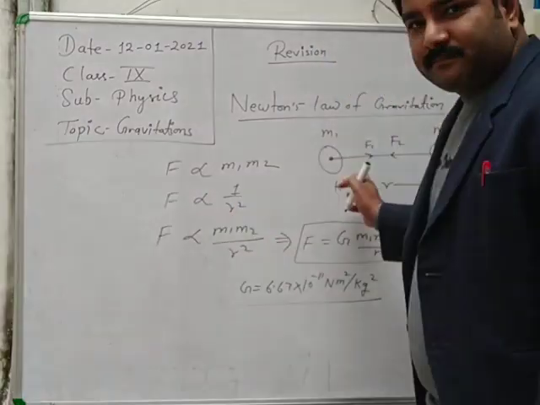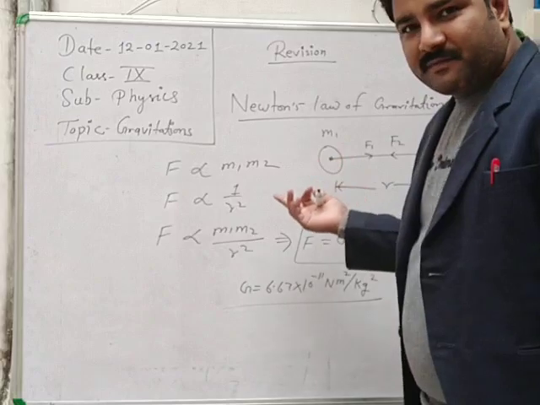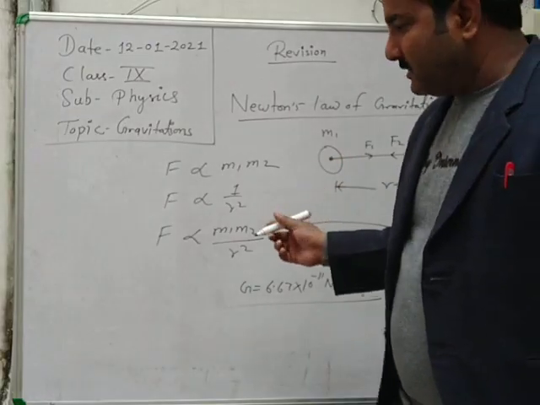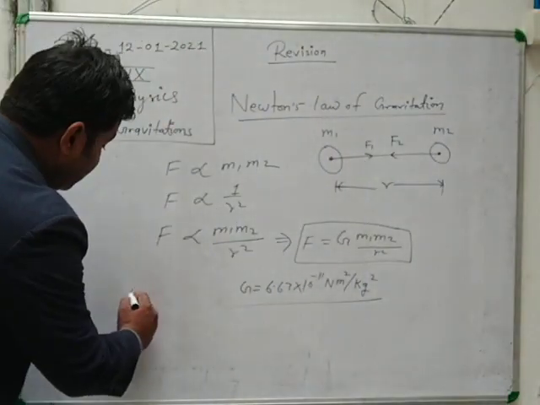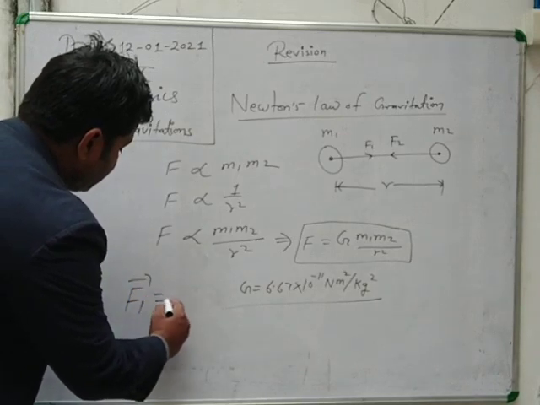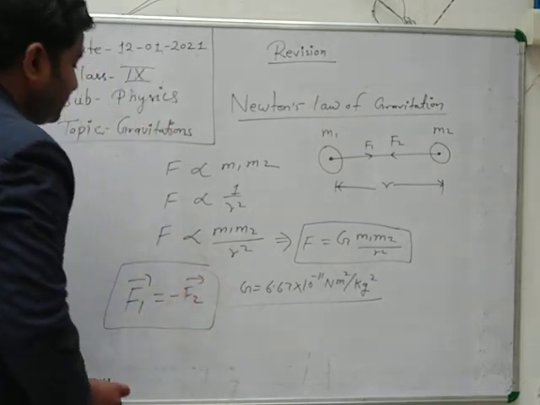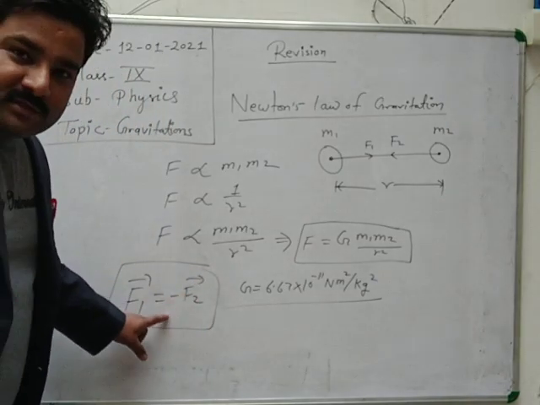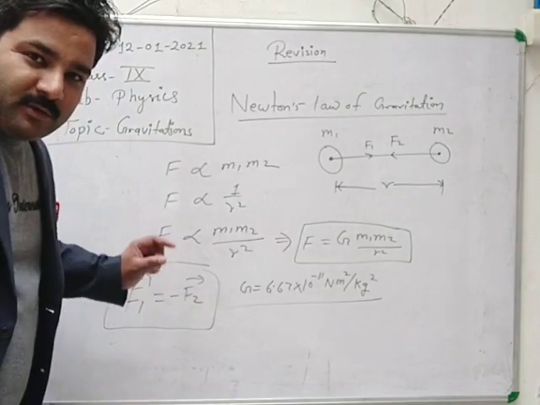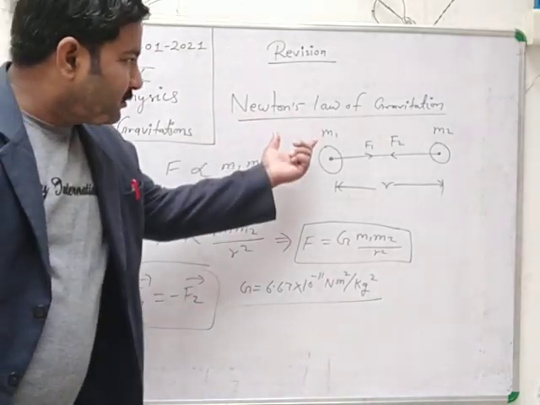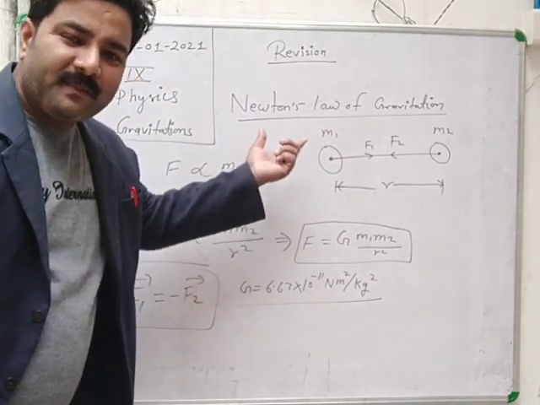When you obtain the force of attraction in vector form, Newton's law of gravitation represents Newton's third law. F1 is equal to what? Minus F2. This is Newton's third law, and Newton's third law is obtained from Newton's law of gravitation whenever taken in vector form.